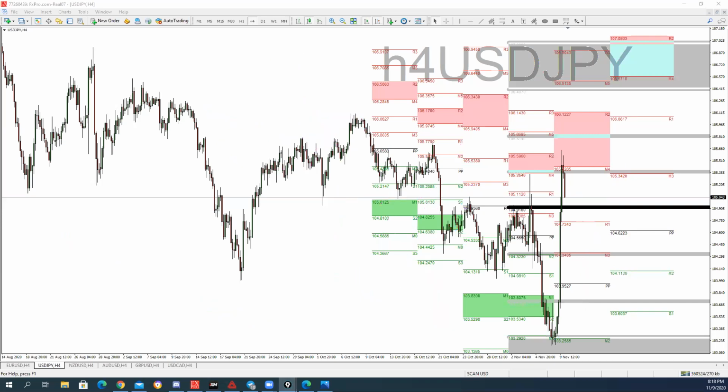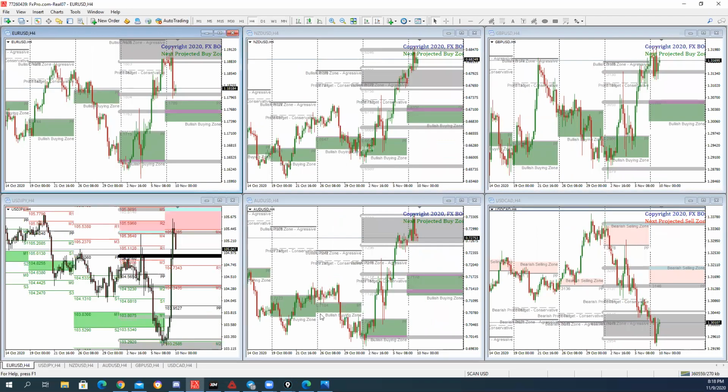So now let's clean this up and go to the bigger picture. Now there you have it. This bit in my world is neutral, right? We have this up, 5 and 10.